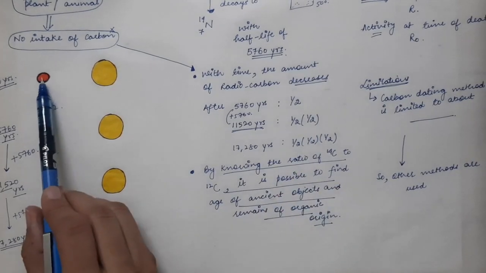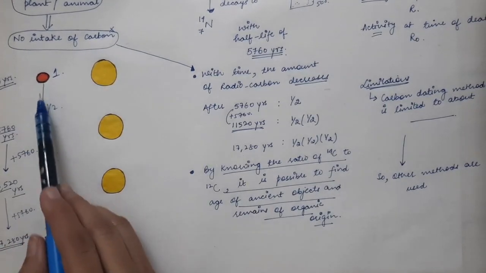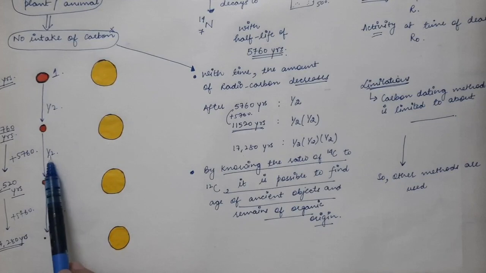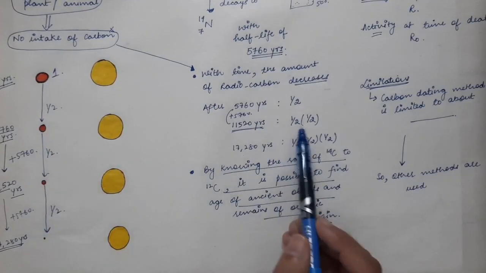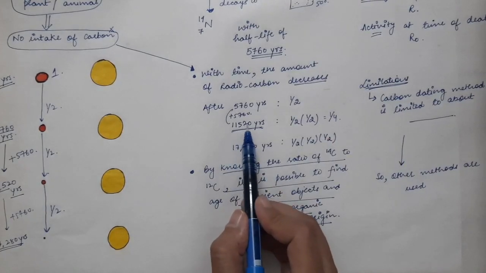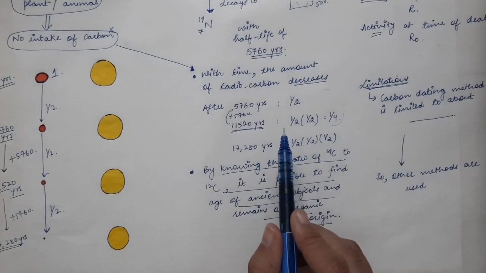Earlier it was, let's say, one quantity and it reduces to its half, then further reduces to its half, meaning half of half, that is 1/4. So after 11,520 years, the quantity of the radioactive carbon will become 1/4.